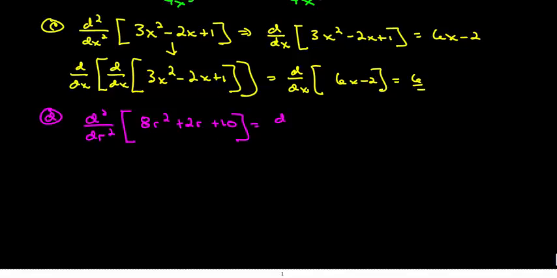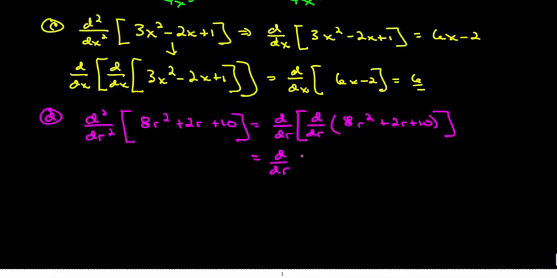So this is d dr of d dr of 8r squared plus 2r plus 10. And so this is d dr of, now we'll differentiate this, so we get 16r plus 2. These polynomials are really easy to do because of that power rule.